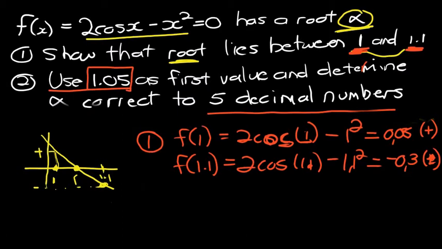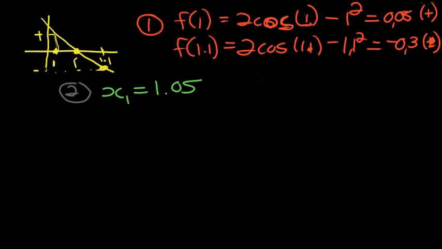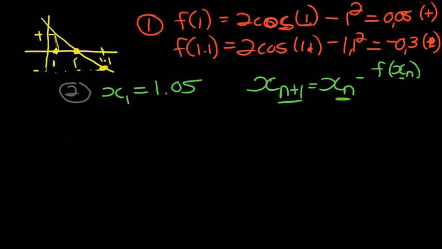Okay, so we know our first guess: x1 is equal to 1.05. And remember the general formula for the Newton-Raphson method is x(n+1). To get the next value, you use the previous value, xn, substituted into the function, and also into the derivative function.